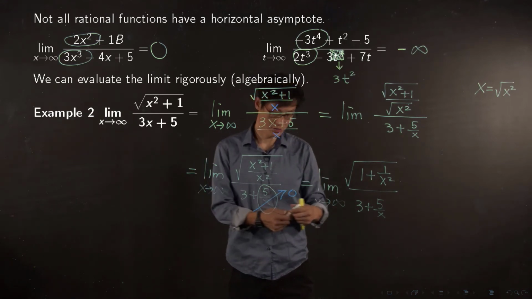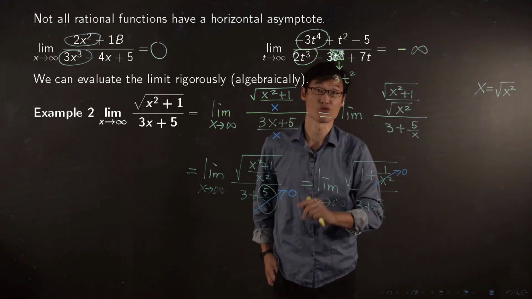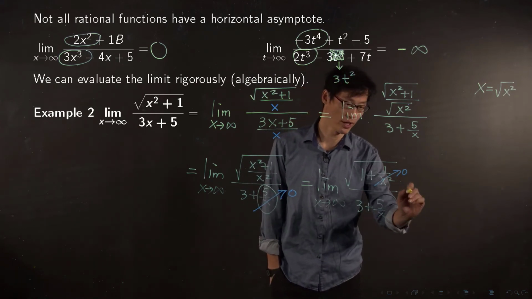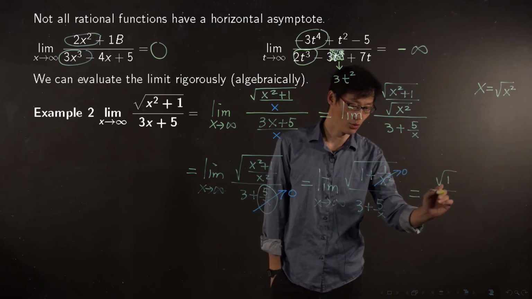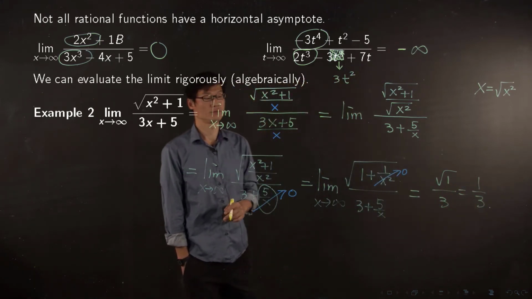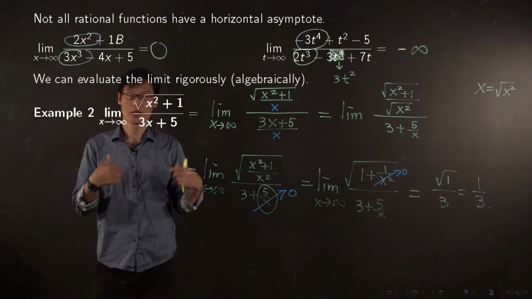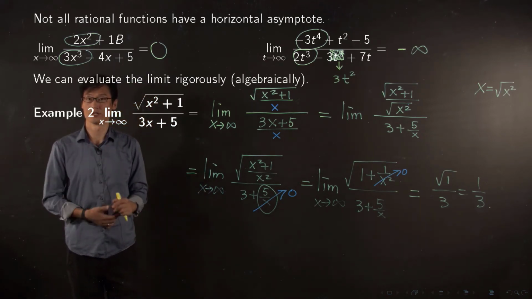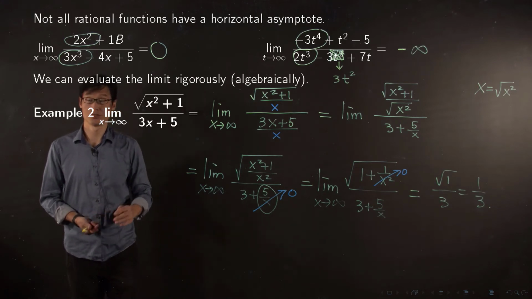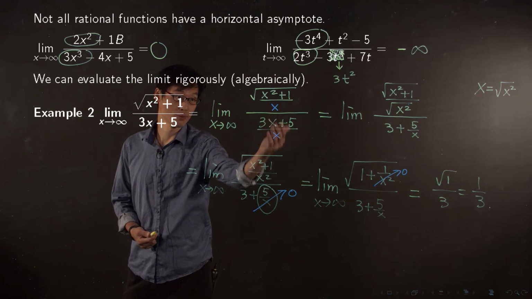As you see, this 1 over x squared is going to be very small as x tends to infinity. So basically we have square root of 1 over 3, or 1/3. So this is how to calculate the limit carefully using the leading term. Again, the idea is you determine the leading term and you divide everything by a copy of the leading term.